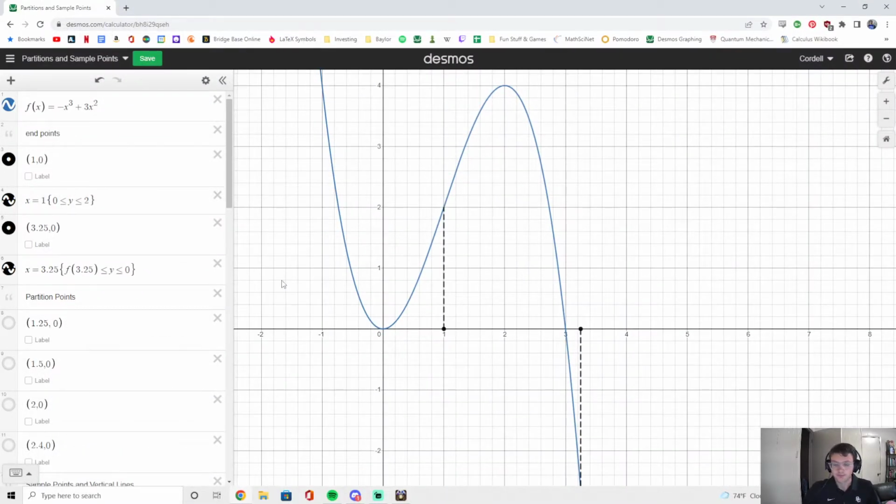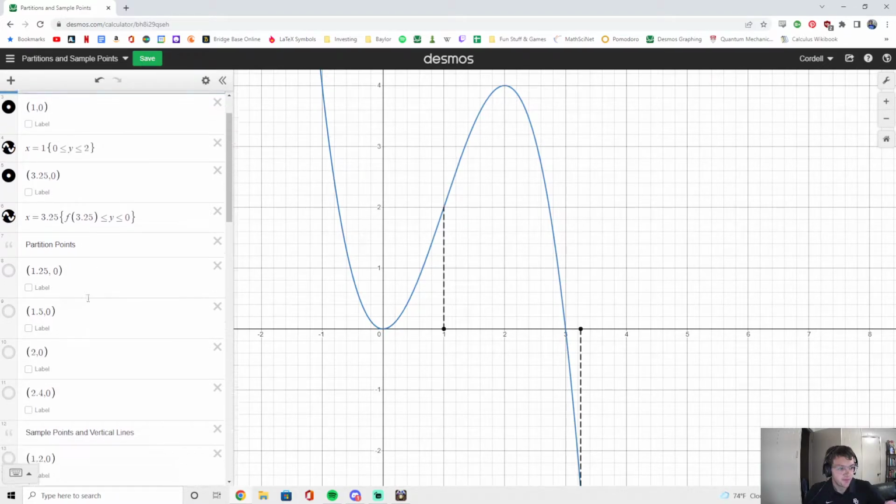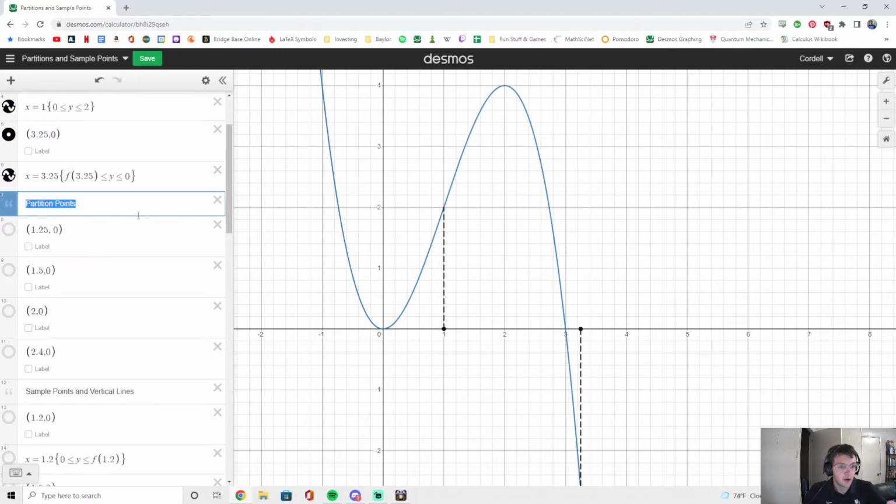Right here, I have a function. The function is minus x cubed plus 3x squared. I want to figure out the area under the curve between x equals 1, this black line here, and x equals 3.25, this endpoint here. Those are our endpoints. What I'm about to do is lay down our partition points.